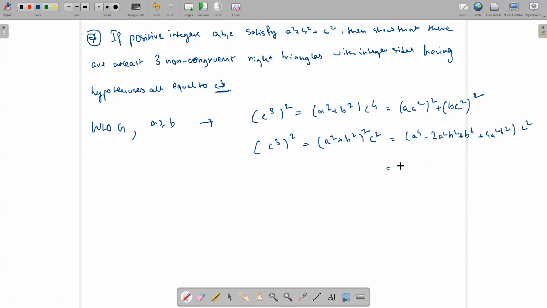So this is essentially (a squared minus b squared times c) whole squared plus (2abc) whole squared. And the third construction is, let me think, yes, this should be the one, right? So you understand the construction procedure, right?